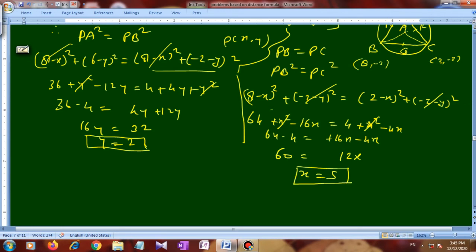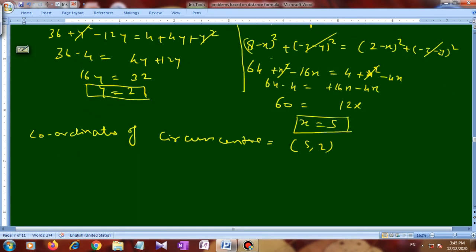So the value of x is 5. It means the coordinates of the circumcenter of the triangle are (5, 2).